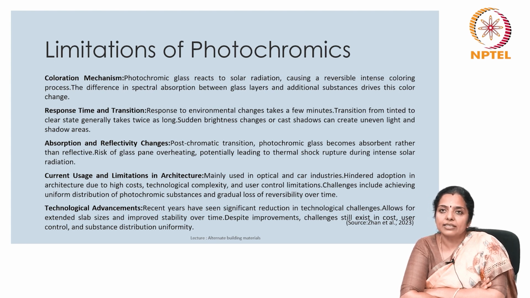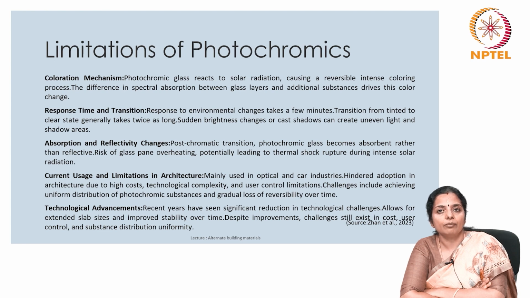However, the response time to environmental changes is a few minutes, and the transition from tinted to clear states takes longer, resulting in uneven lighting in sudden brightness changes or cast shadows.